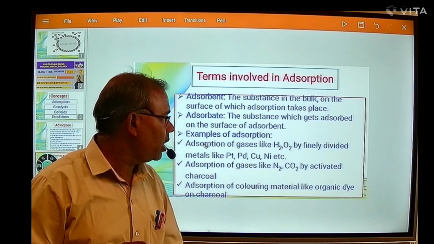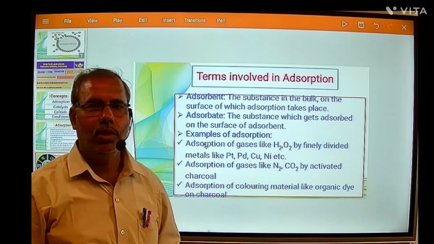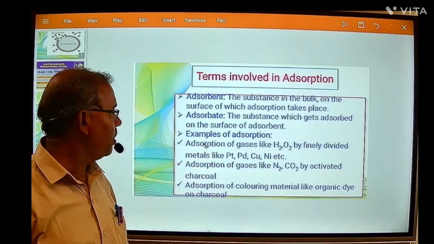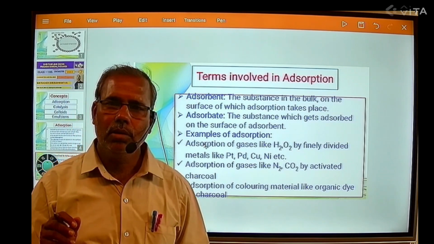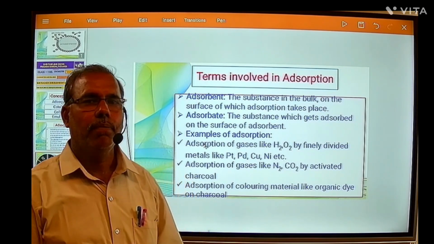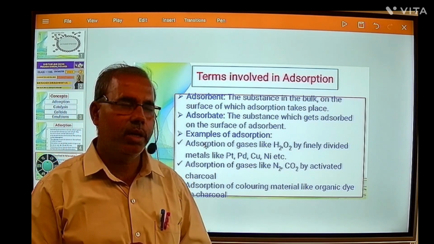Now, examples of adsorption. Here are a few examples which are generally observed in our day-to-day life or in chemistry.